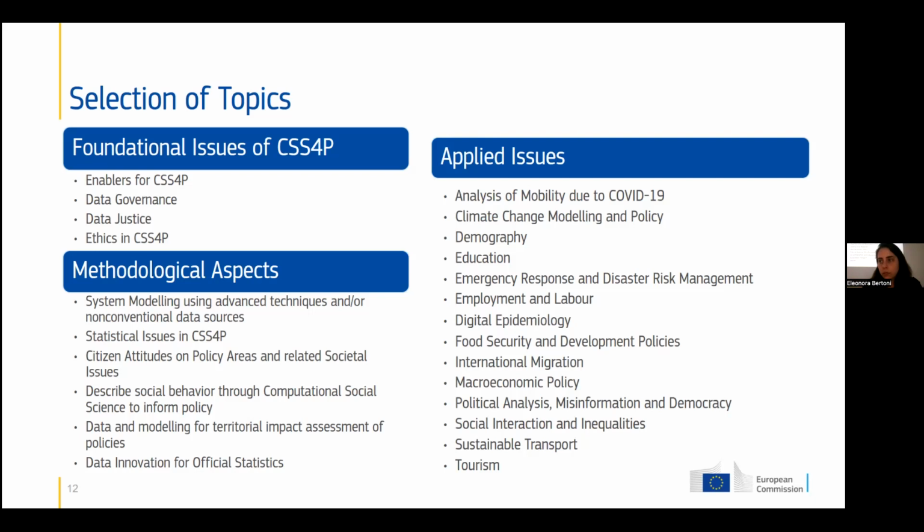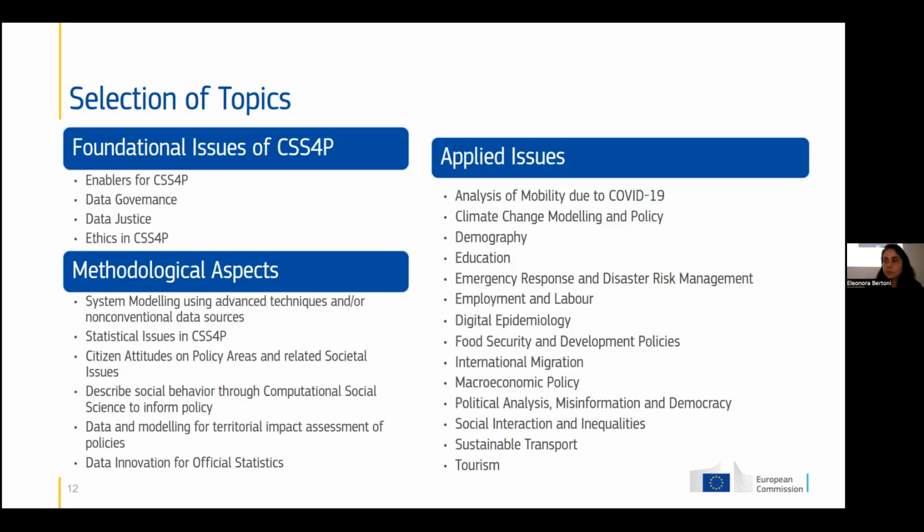A set of methodological aspects, as I said in the beginning, there's really a wide variety of models that could be used in the disciplines. And of course, a set of more applied issues, which are the ones that ultimately map into the different social policies.